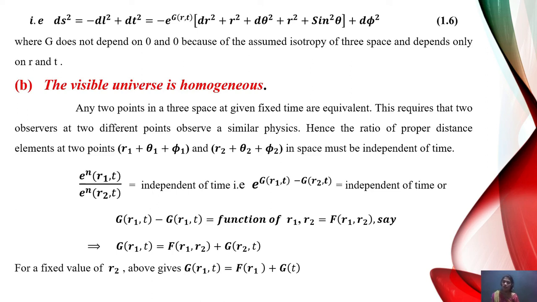For a fixed value of r2, the above gives g(r1,t) equals f(r1) plus g(t). Then the equation becomes g(r,t) equals f(r) plus g(t) for the fixed value of r2.